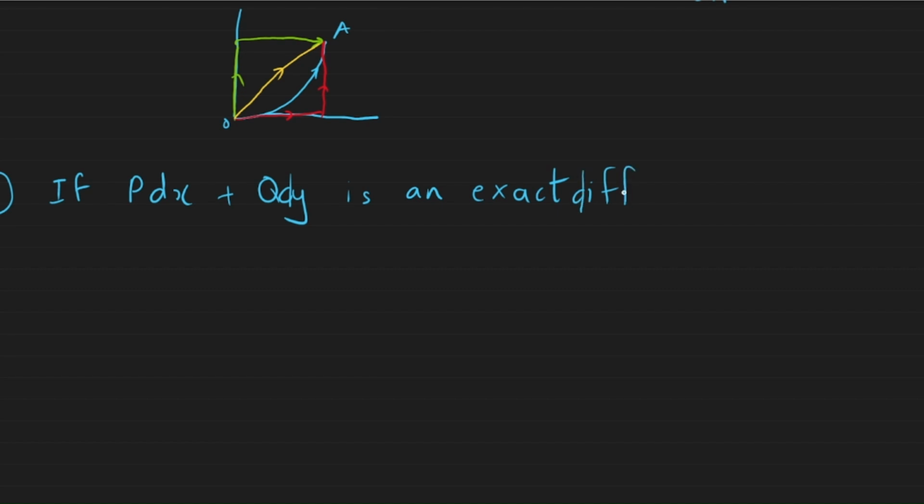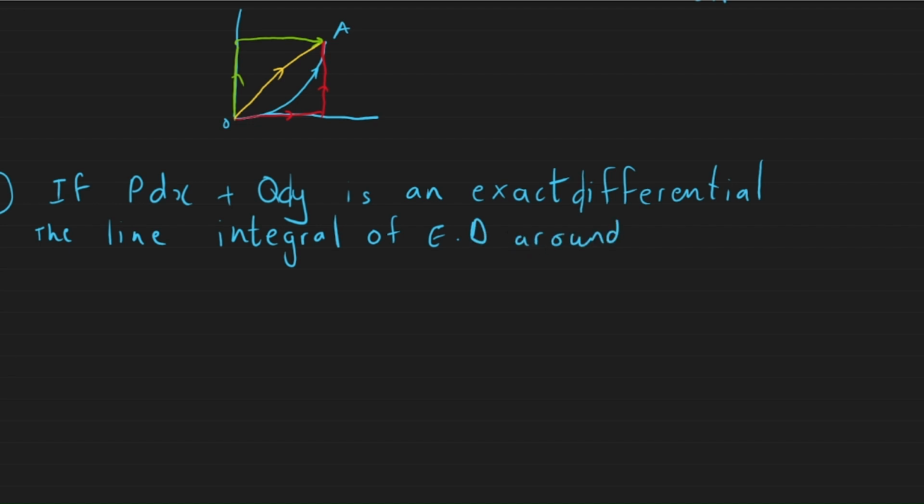I just want to write what those two points are. Number one: if p dx plus q dy is an exact differential, then the line integral of the exact differential around a closed curve is equal to 0.